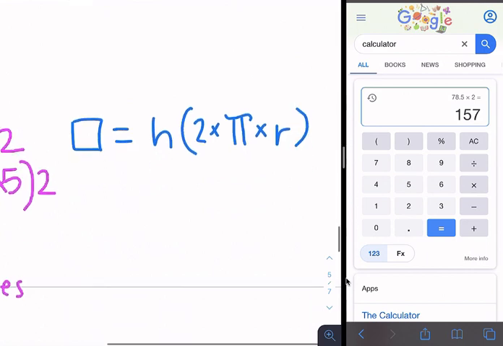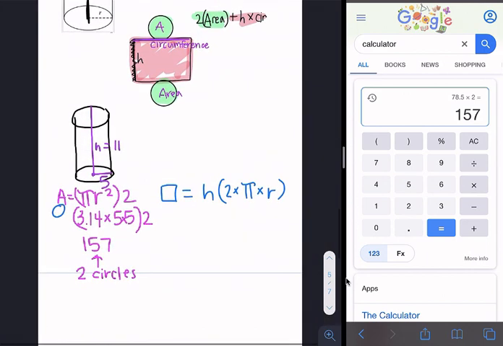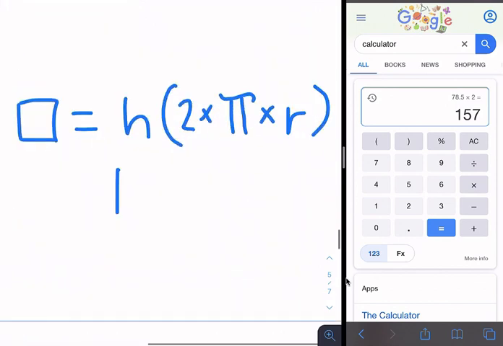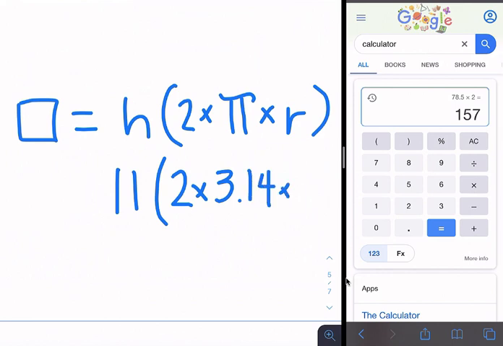So now I'm going to fill these pieces in. My height is 11. So 11 times 2 times pi, 3.14, and then our radius is 5. So I'm going to type this in exactly like I see it. Now, I can use parentheses when I use this Google Calculator.